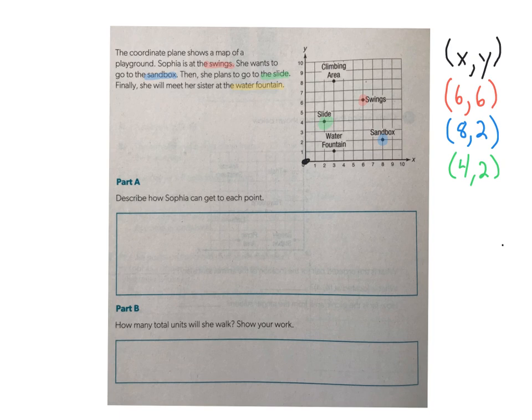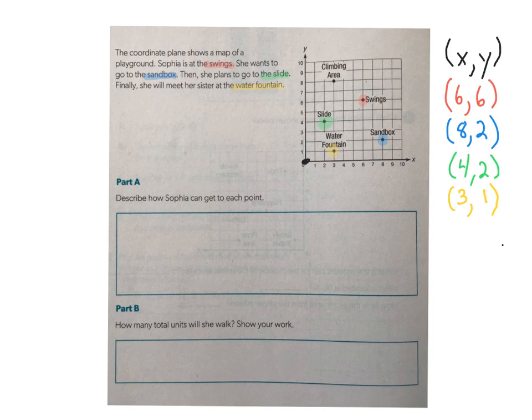And finally, she's going to move from there to the water fountain to meet her sister. And that's going to give us an ordered pair of 3, 1. 3 on the x-axis and 1 on the y. Okay? And that's basically our problem. That's all of our locations we're using and their coordinates.